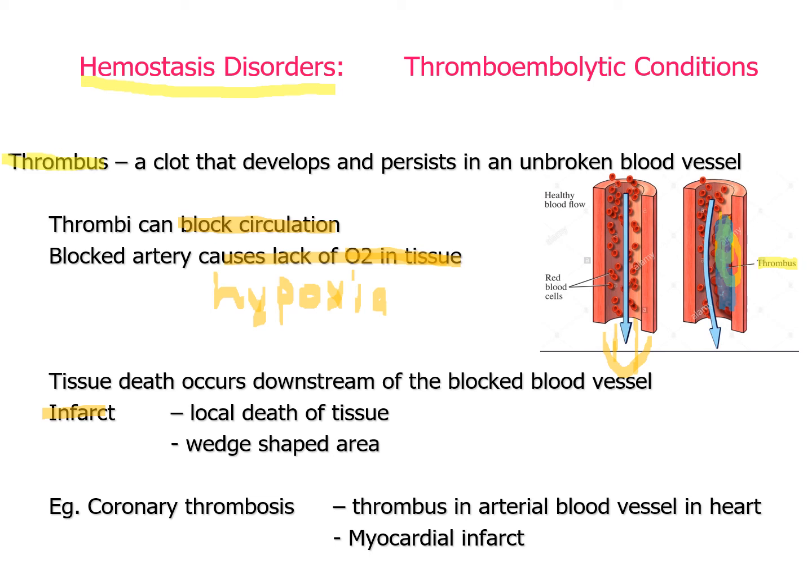Infarcts are wedge-shaped. The reason for that is that if you have a blood vessel supplying a certain area, it's going to split into smaller blood vessels as it goes along. I'm not drawing this very well, but you get the idea. It's splitting into smaller and smaller blood vessels.